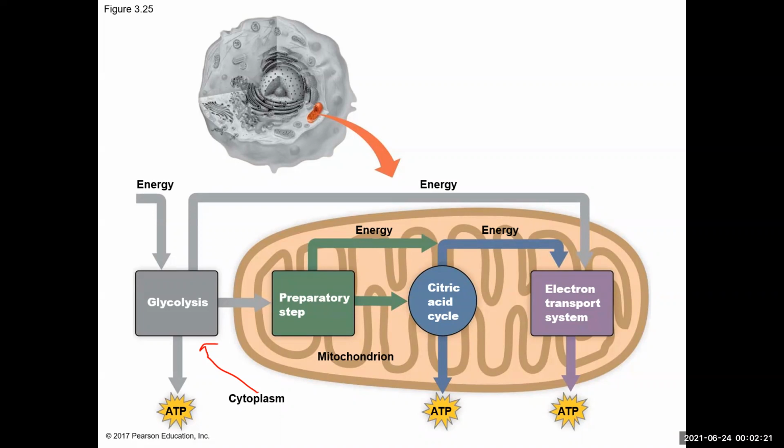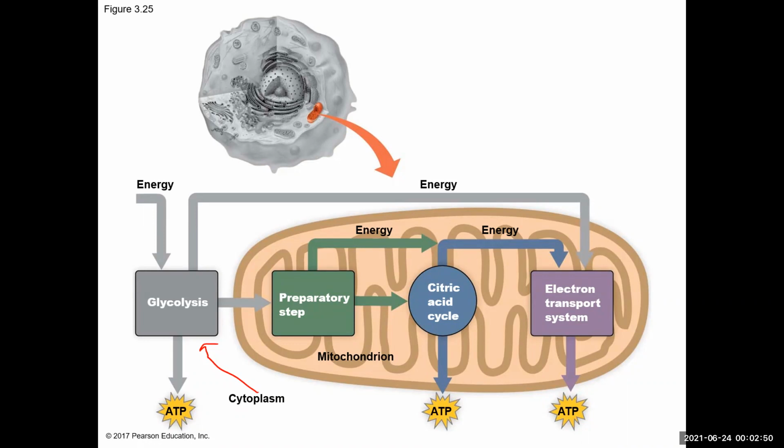Each step gives off net ATP except for the prep step. But the majority of the ATP, I think it's 32 ATP, is made in the final step. That's the electron transport system. So we're going to talk about each of these individual steps through the remainder of this video.